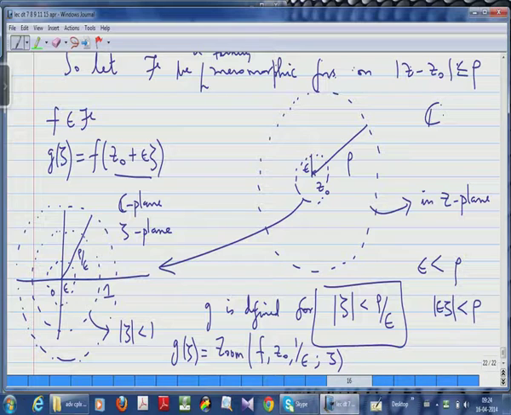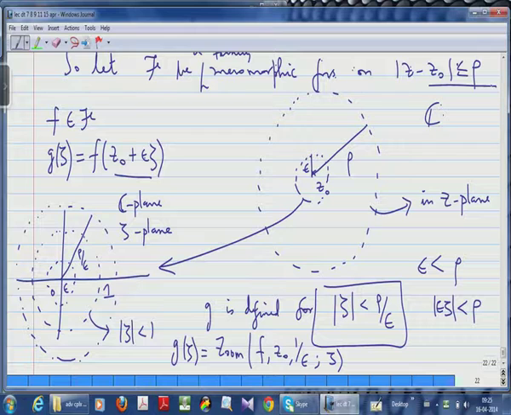When I say zoom f, z0, 1 by epsilon, zeta, you are zooming the function f centered at z0, so your zoom is centered at z0, and 1 by epsilon is a magnification factor, and zeta is the variable of the zoomed function. Now, this is how you zoom into the behavior of a function at a point.